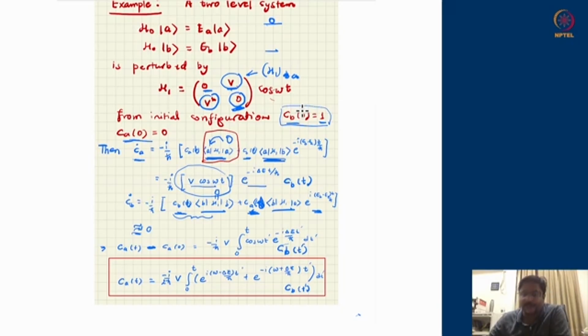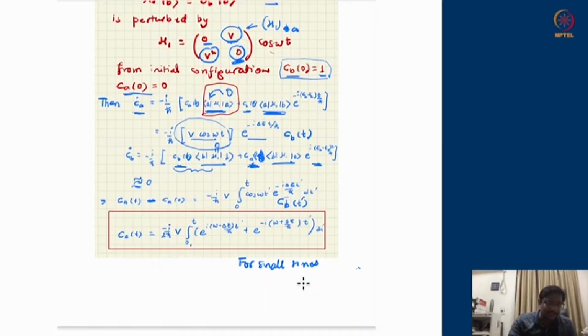So therefore, weakly, meaning at the leading order of the perturbation theory, this Cb of t prime during the time duration 0 to t, where t is very small, can be approximated to 1, and therefore this expression can be used to compute for small times. This expression is good. So just to note down, for small times, this box equation can be used.